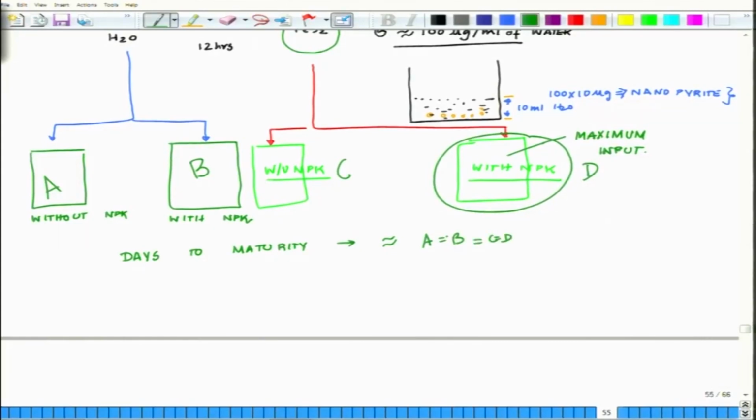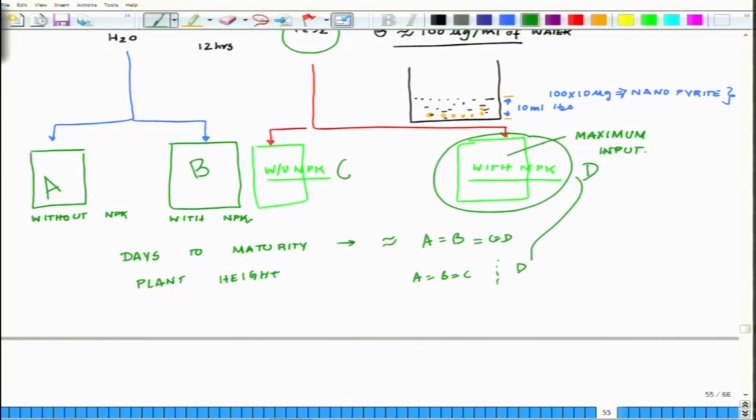There is no difference. Now, if you look at the plant height, you observe a slight increase in group D, barring that A is equal to B is equal to C, but D is slightly more, though not significantly.